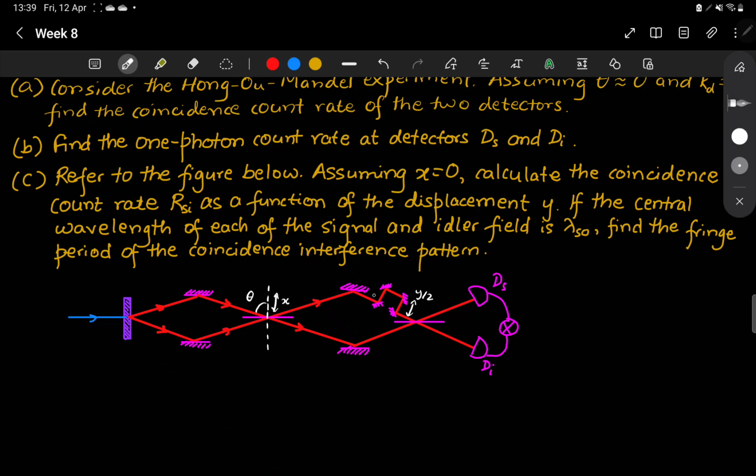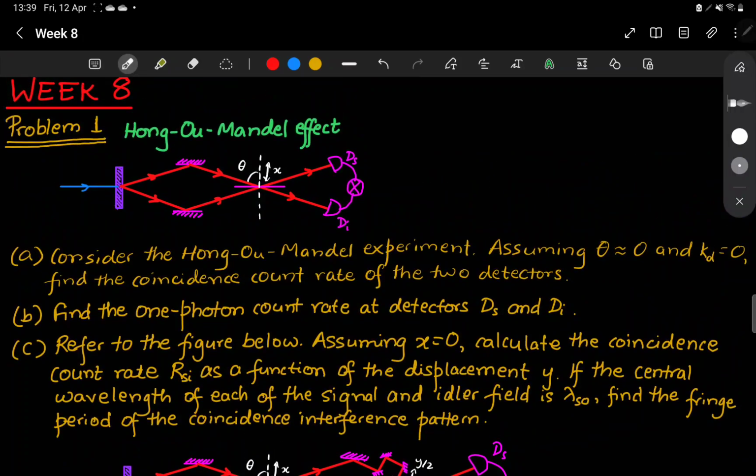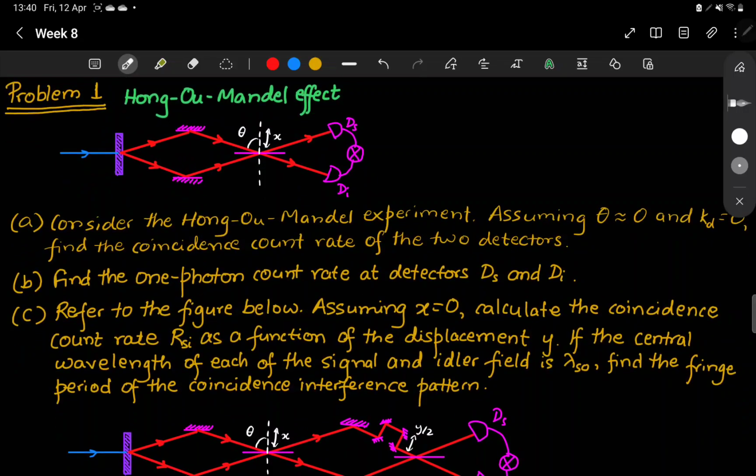So y by 2 delay here and then y by 2 delay again over here, that makes a total delay or displacement of y. And we are also given KD equals 0, that means it is degenerate down conversion. So the wavelength of both the down converted photons is the same.